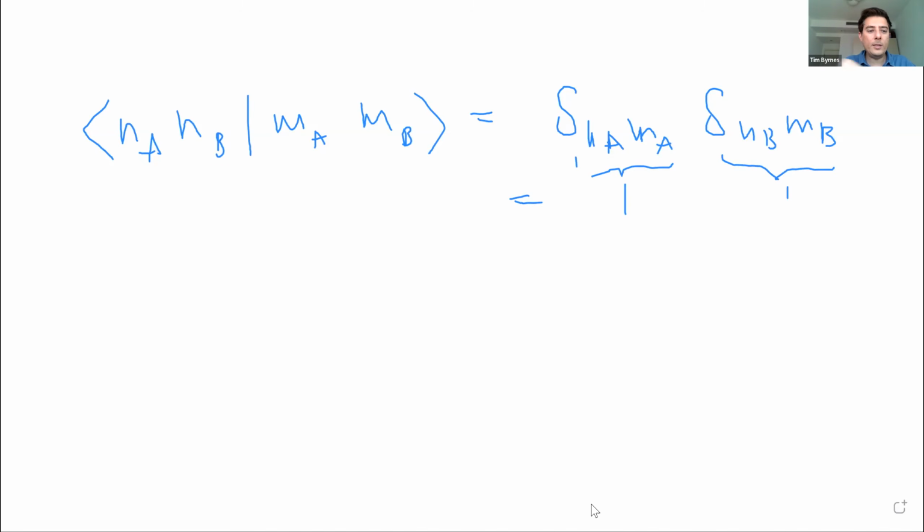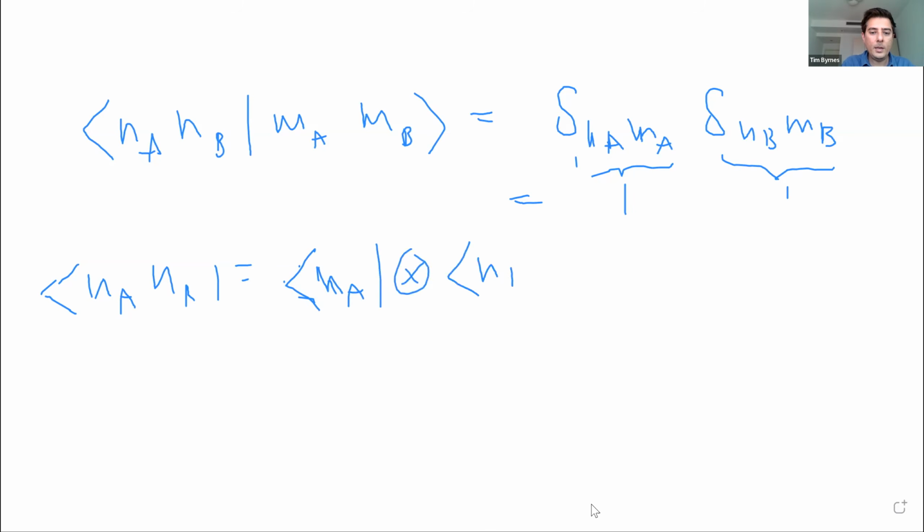And the reason why it's this Kronecker product delta is because NA and B is equal to NA outer product and B outer product.